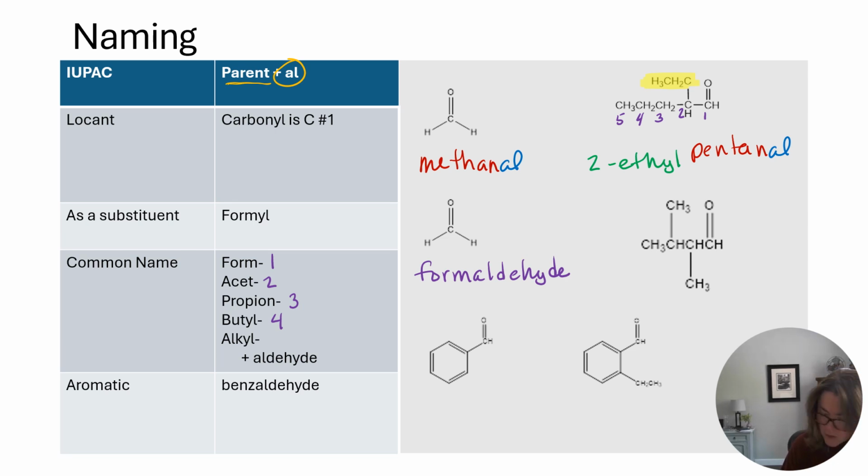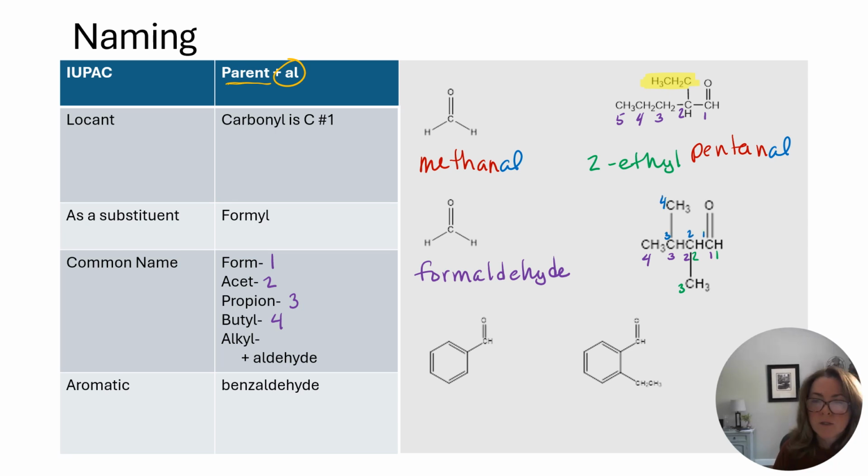Now for the next one over, we're going to do this both doing the common name and the IUPAC name. If I count my carbons, I go 1, 2, 3, 4. So right now it looks like but- is going to be my longest chain, but let's just double check what appear to be my substituents. So I have 1, 2, 3. Okay, that's not going to work. And I have 1, 2, 3, 4.